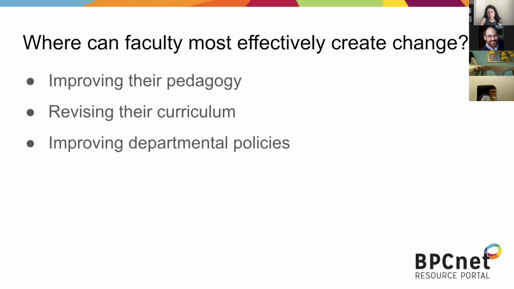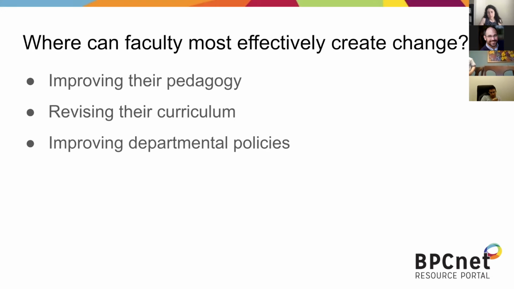Improving departmental policies. So we talked about this a little bit during the Q&A. There exists racial inequity in high school access to computer science. The extent to which our institutions require, expect, or provide an advantage to students who have that high school experience, we are amplifying existing racial inequity. And I think it is our responsibility as educators within higher education.